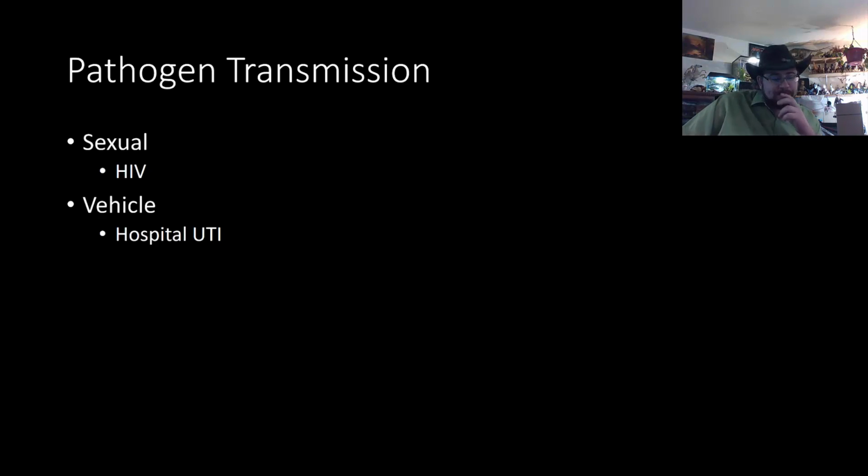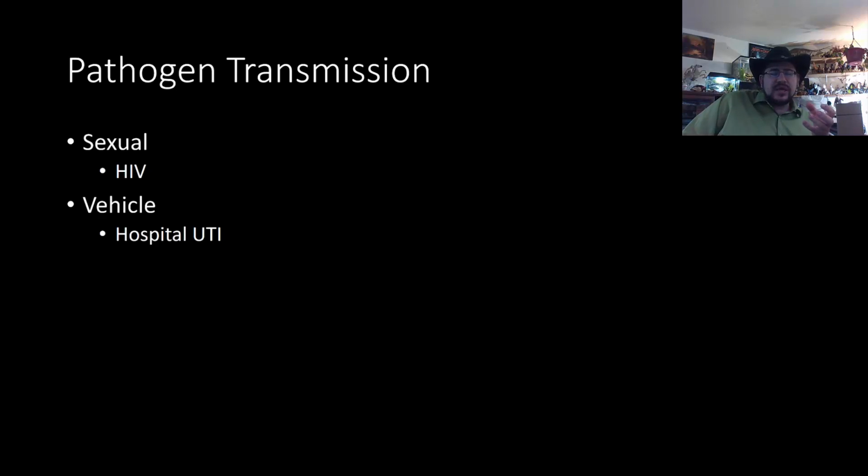Vehicle transmission. So, think of vehicle: you get in your car, you go someplace else. The vehicle for a pathogen is an object, like a doorknob or a phone or a utensil. One of the most common vehicles for transmission in a hospital is a catheter.